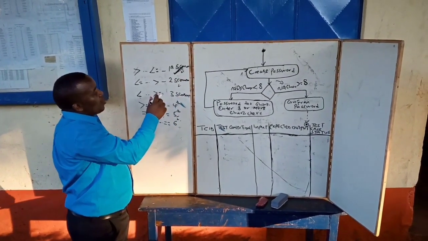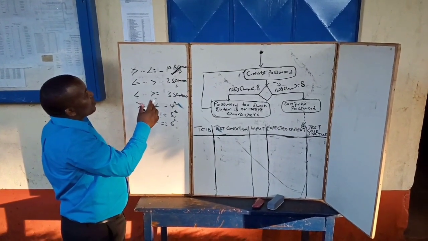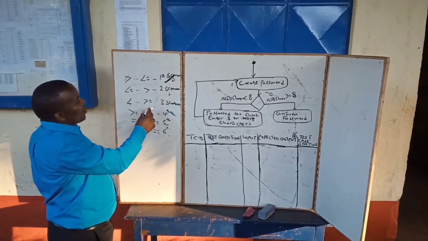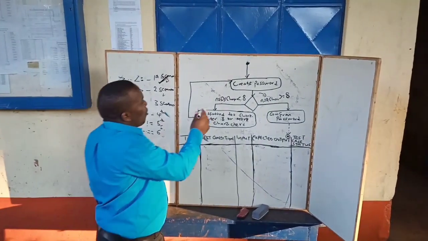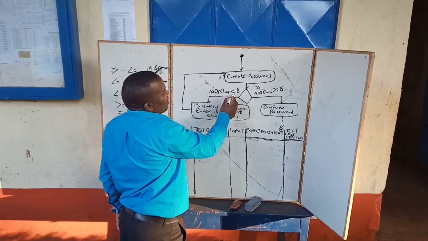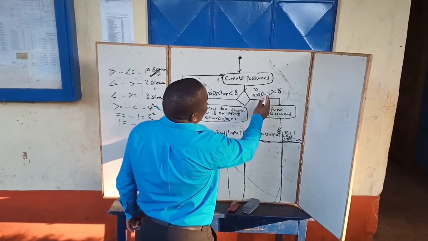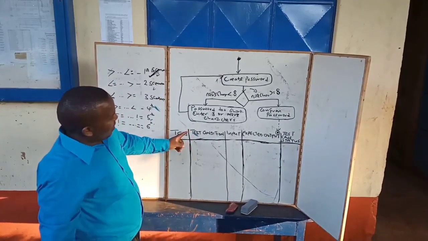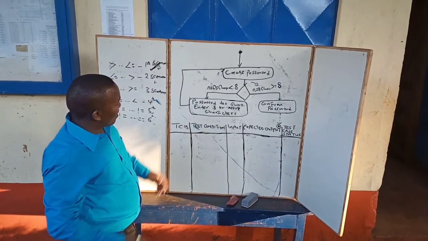The second scenario will produce the same result because it is the reverse of the first scenario. Let's attempt the third scenario. On the diagram, number of chars is the first condition, number of chars is less than 8. The second condition, number of chars is greater than or equal to 8. Let's generate test case for this.